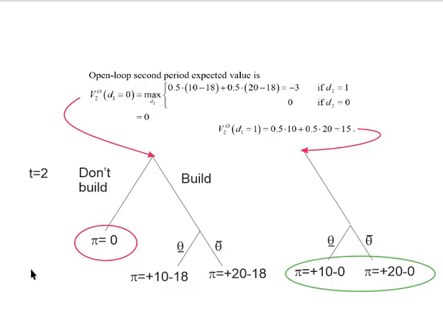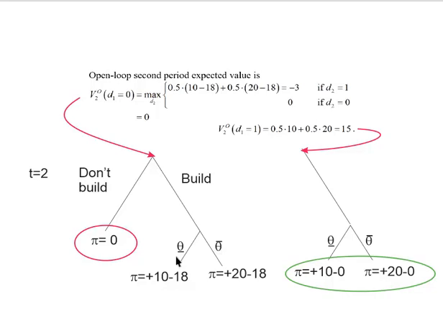Consider first the case of open loop values in the second period. By open loop, we mean that decisions are made without knowing the information. So if you're in the second period and you're not going to be able to take advantage of the information and you haven't built, then you can either choose a payoff of 0, or you can get a payoff of 10 minus the cost of 18, which is a negative 8, or a payoff of 20 minus 18, which is positive 2.